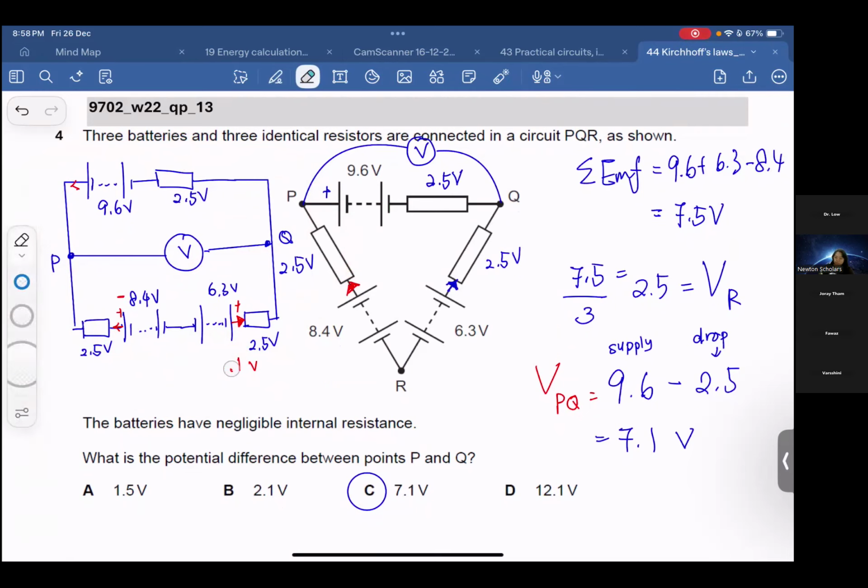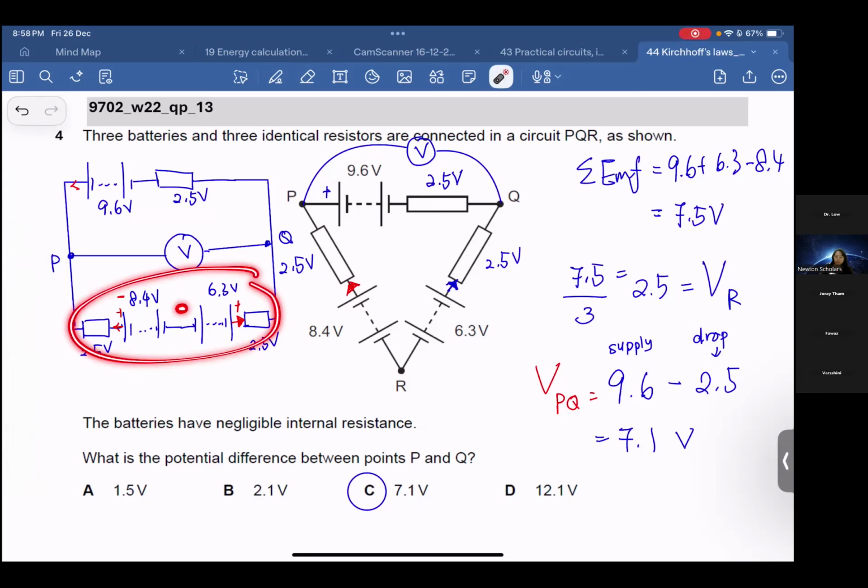So at the end here we lose 2.1 volt, because minus 8.4 volt and plus 6.3 volt, so it's minus 2.1. Then this one we drop again 5 volt, so it's dropping 7.1 volt. But using this part you might be confused, because we still need to consider the overall current. So using the upper part is easier.